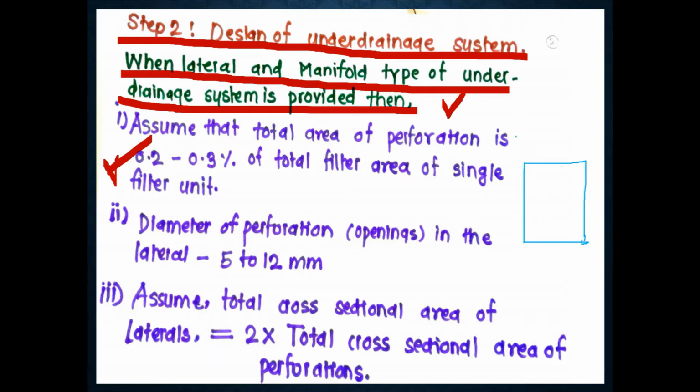Hence the total area of the filter we calculate from the corresponding width B and the length capital L. And the total area of perforations is nothing but 0.2 to 0.3% of the total filter area. That means very little area is there for perforations.